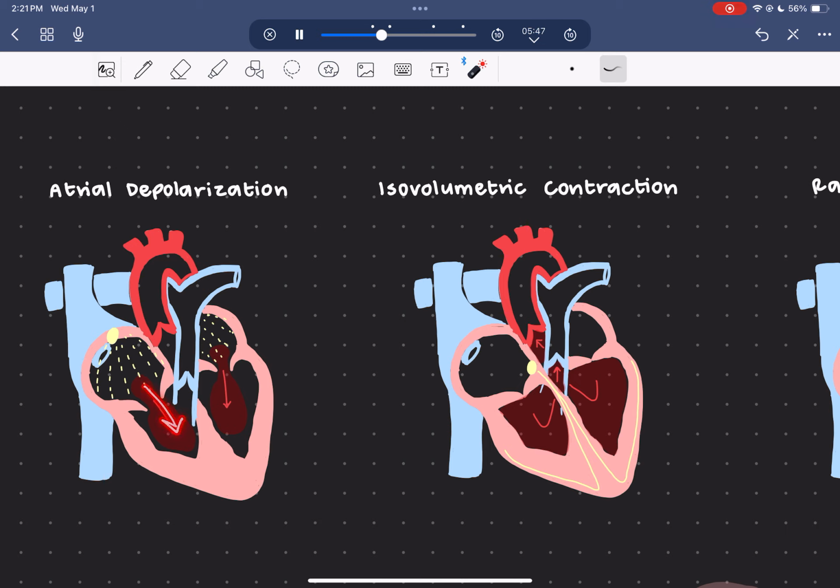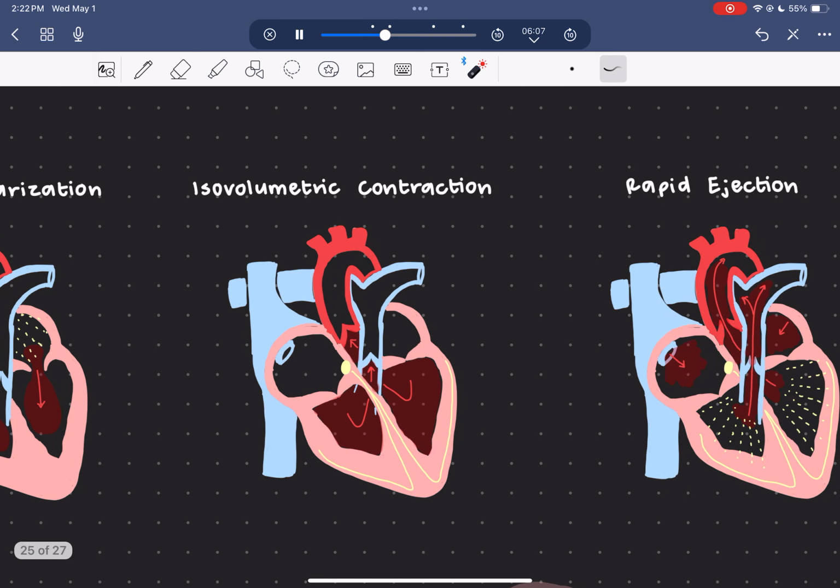left and right ventricles. And so this is our pacemaker cells listening to what the SA node is saying with our heart rate. And so this will either be faster or slower depending on the heart rate. Then we're going to look at isovolumetric contraction.